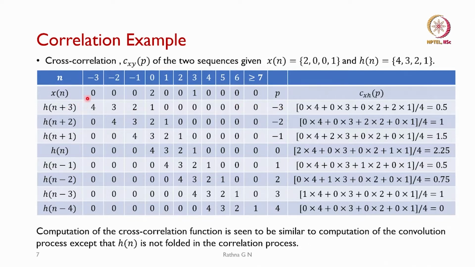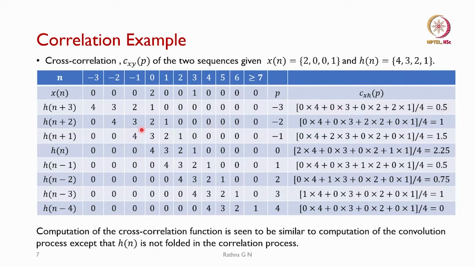When you do the multiplication, here is what you get when p is equal to minus 3: 2 into 1 is 2, the rest of them are zeros, and we have to scale it by N. Capital N is 4 because both the sequences are of length 4 in this case, so 2 by 4 is going to give us 0.5.